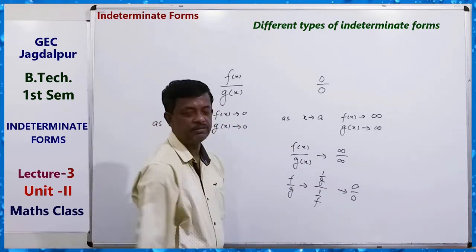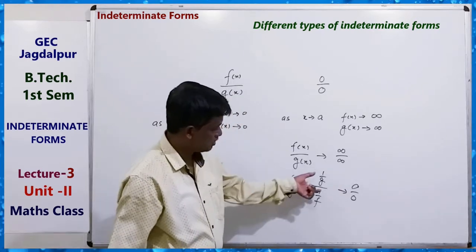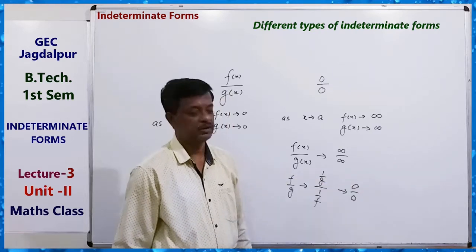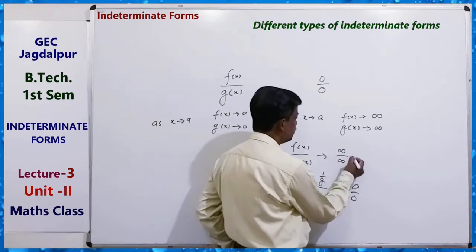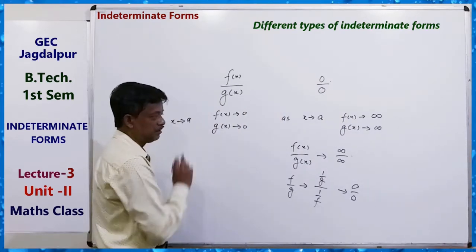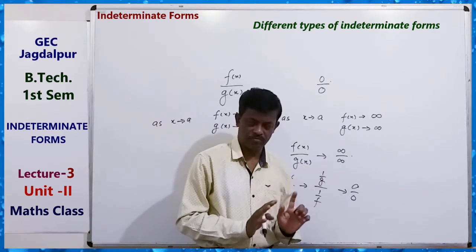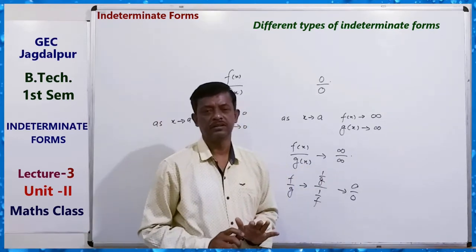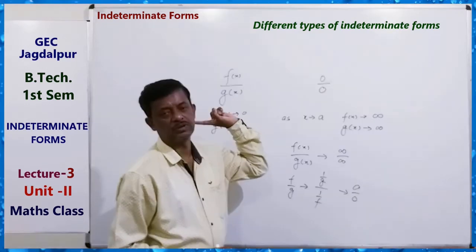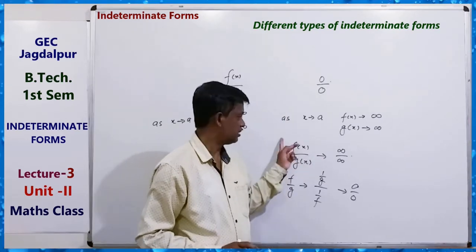Limiting value. Okay, here limit x tending to a. Just we can use this for getting 0 by 0 format. So this can be converted to this format. Whenever we get the infinity by infinity form, our target is what? For this form also we can apply L'Hospital rule. So you can directly differentiate numerator and denominator separately.